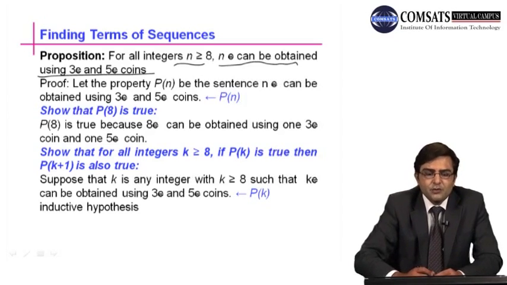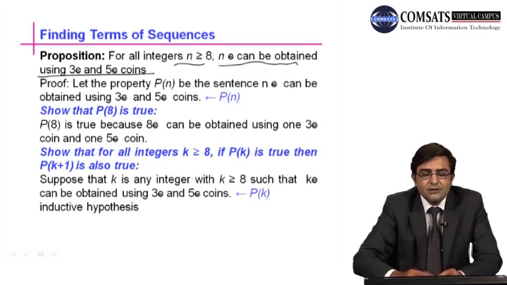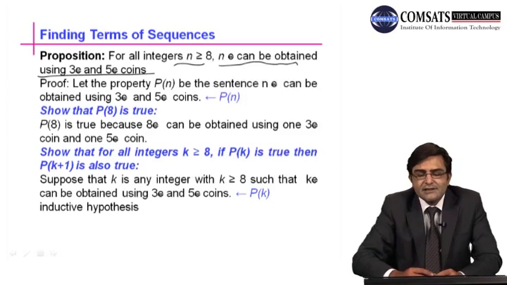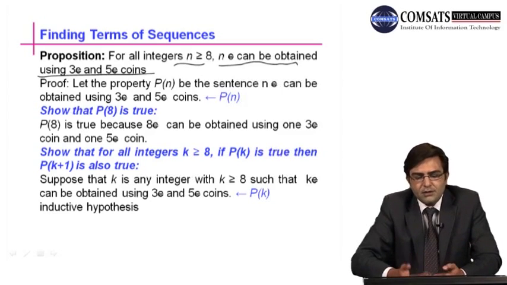So first we have to prove the basic step, and we have to show that P of 8 is true, meaning 8 cents can be obtained by using 3 cent and 5 cent coins. So this is true. Basically, if we use 3 cents plus 5 cents, we can obtain 8 cents.